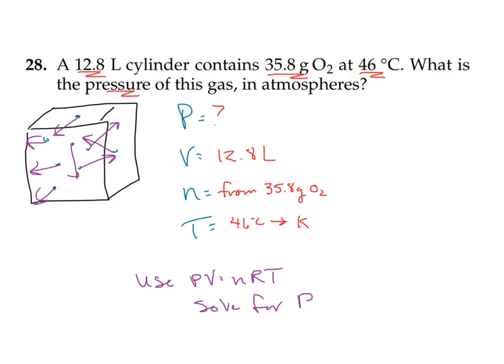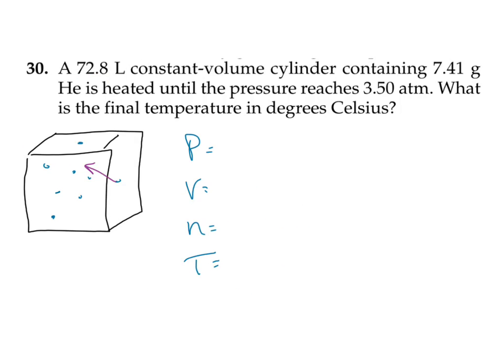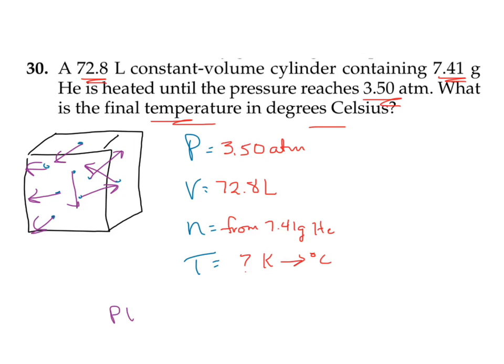And then the next one looks like this. It's just a different variable. We're going to get Kelvin, and then all we have to do is convert back to Celsius. And remember, you're going to subtract 273.15.